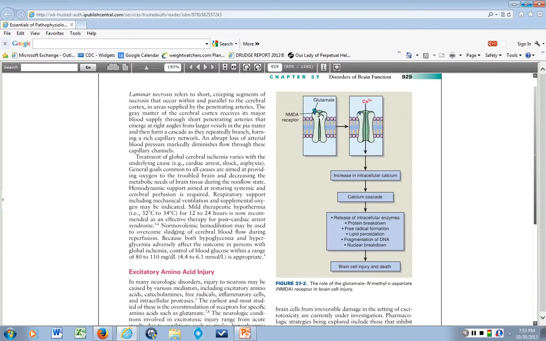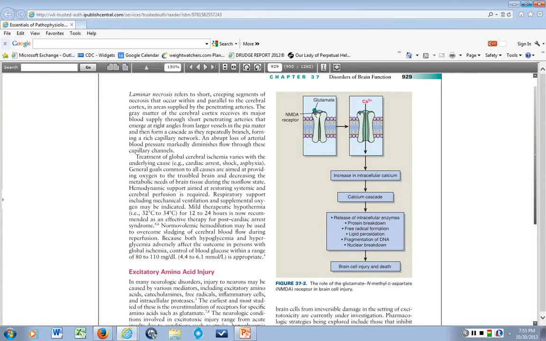What happens is, in excitatory amino acid injury, certain disorders can cause that, and there are excessive catecholamines and free radicals. All of these can be occurring that can lead to this excitatory injury. The glutamate receptors are overstimulated, so there's the receptor in a cell membrane.